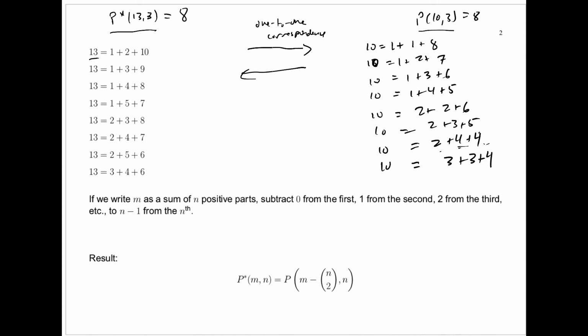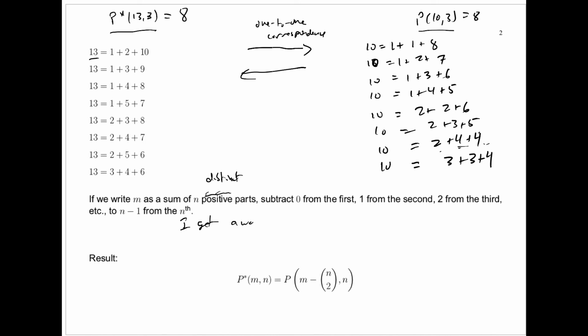Can we generalize this? How can we find a formula for P star Mn? Well, if we write M as a sum of n positive parts, and here I mean, I should have said distinct positive parts. If I subtract 0 from the first, 1 from the second, 2 from the third, 3 from the fourth, 4 from the fifth, all the way up to n minus 1 from the nth, what do I get?